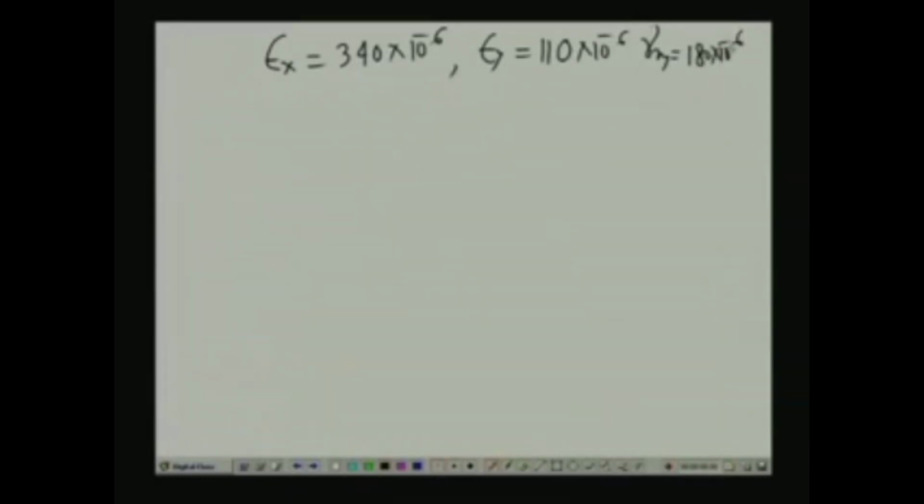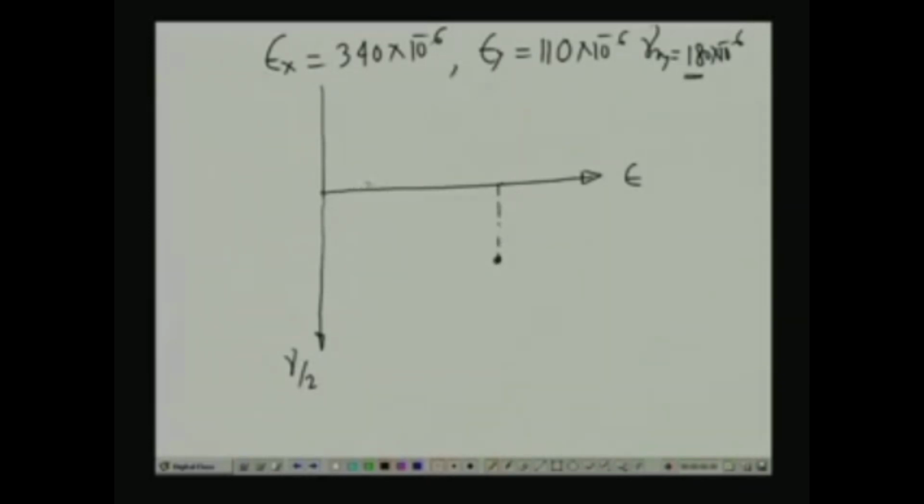Now, if we plot this in the Mohr-Circle, let us say this is the gamma by 2 direction, this is epsilon direction, this is gamma by 2 direction. Here we have epsilon x 340 and gamma by 2 is 90. So, this is the point which we choose here.